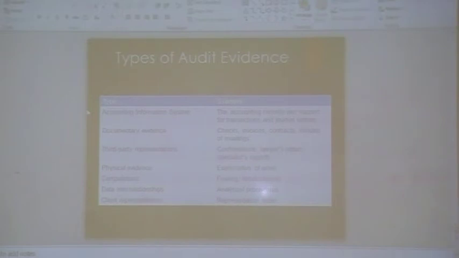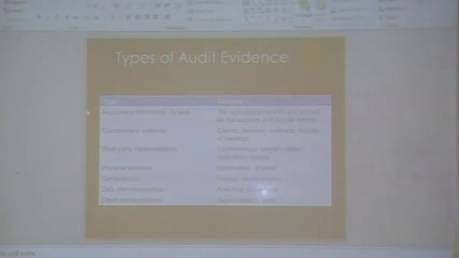Okay, so you've got your audit evidence, and just remember that line there, sufficient appropriate audit evidence. That's what we're actually looking for. If you want to highlight that part, sufficient appropriate audit evidence, and you're going to be performing audit procedures. It's page 6, the one there.